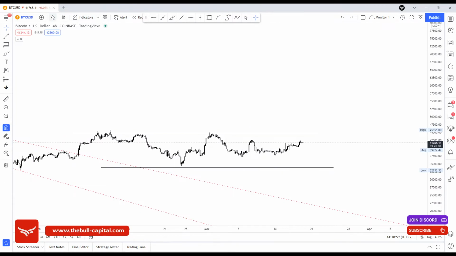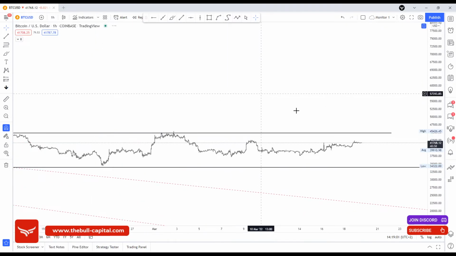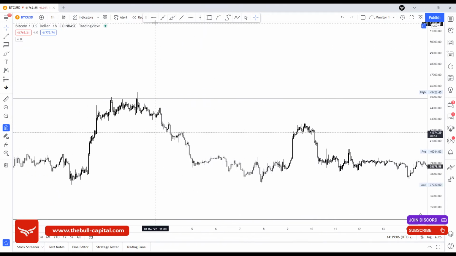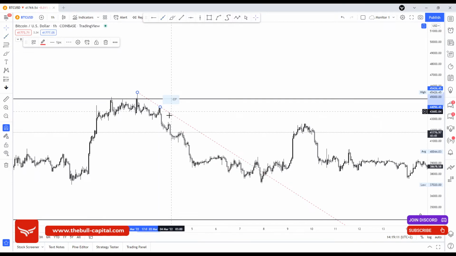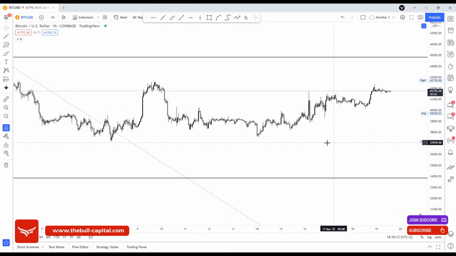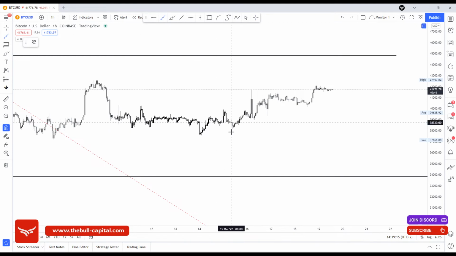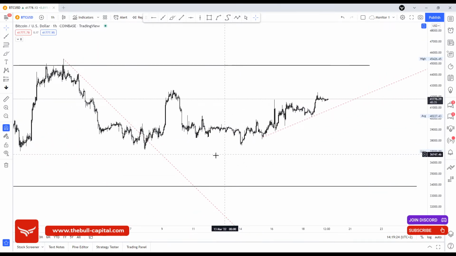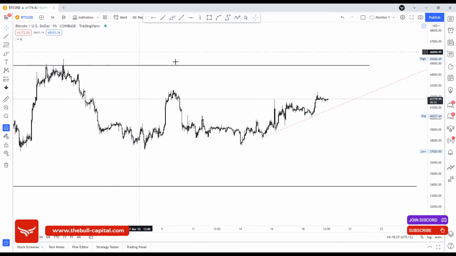If we go to the 1 hour time frame, for example, again we have different downtrends and uptrends. On each time frame you have different trends.